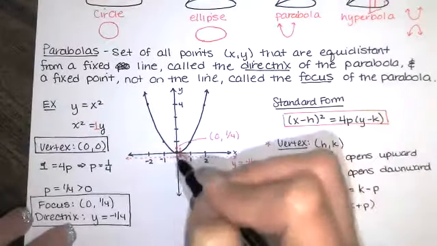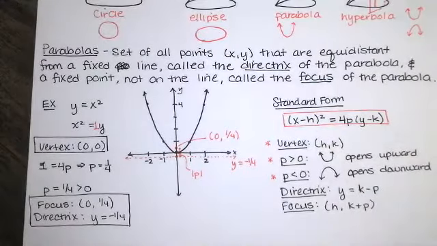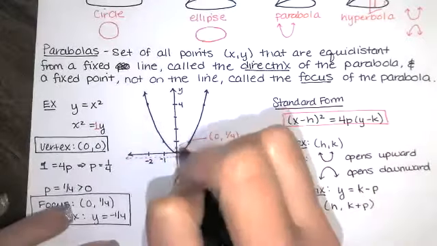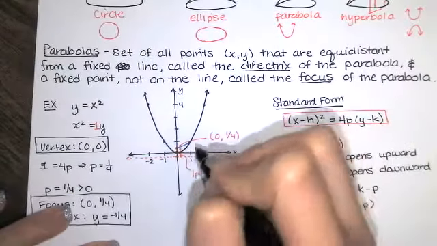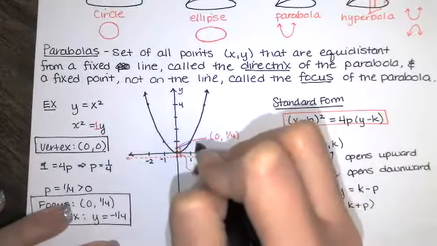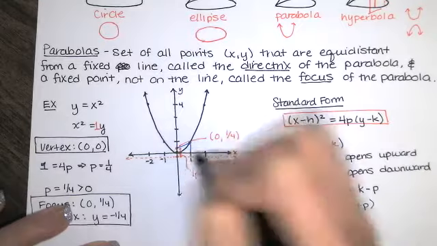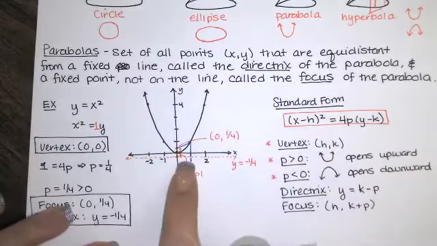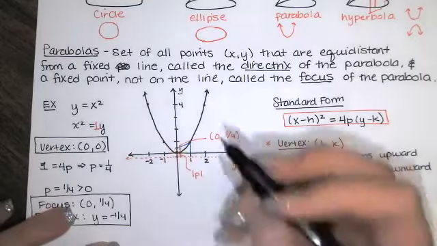What are we saying there? We're saying, okay, here's my focus at (0, 1/4). The distance from (0, 1/4) to that point (1, 1) is the same as the distance from that point (1, 1) to the directrix right there. The distance from here to here is equal to the distance from there to there.